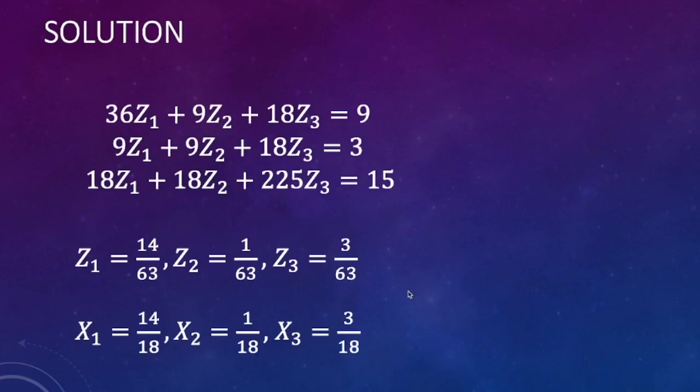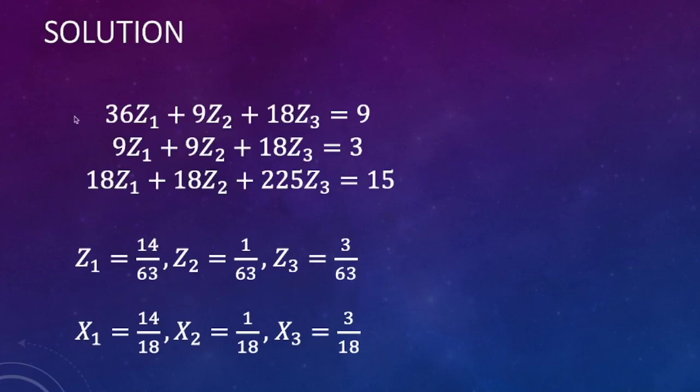So if you calculate the equations that I just described, they look something like this. This is the first intermediate step, right? So it is 36 z1, 9 z2, 18 z3 equal to 9, and these are the 3 equations, and if you solve them using Gaussian elimination, then you get these answers for the z values.